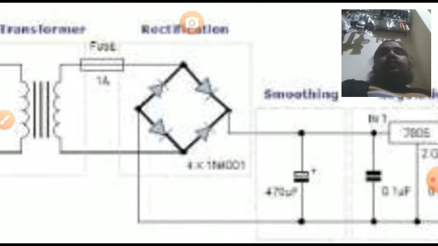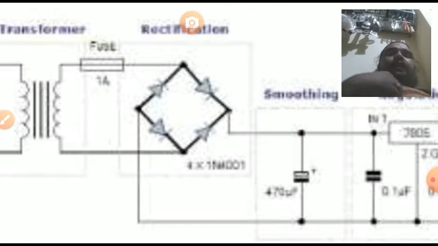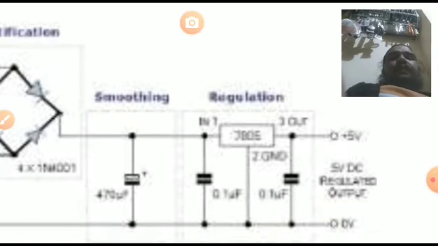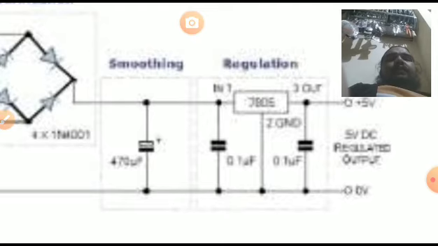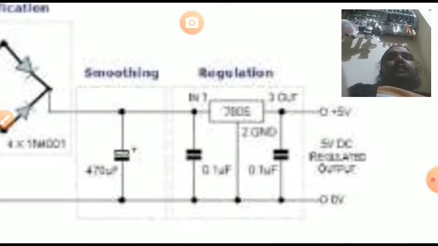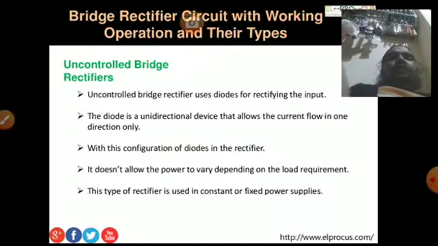D1 and D2 are connected in forward bias, and D3 and D4 are connected in reverse bias. C1, C2, C3 are the rectification capacitors, and R is the load resistance. The output is connected to the load resistance.